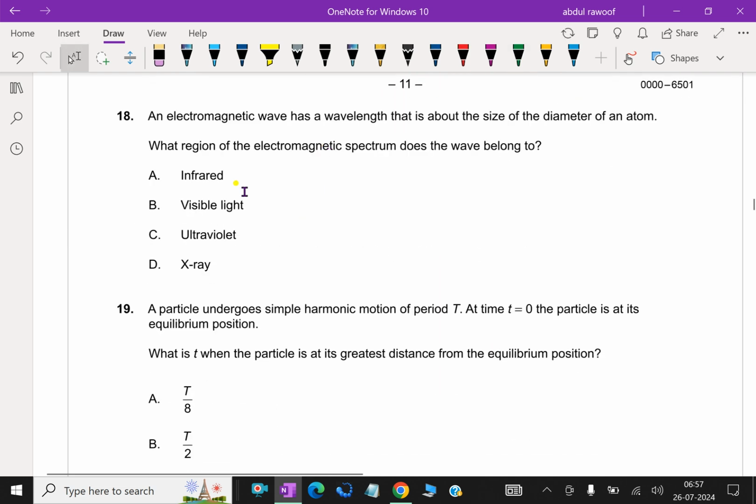Question number 18. An electromagnetic wave has a wavelength that is about the size of the diameter of an atom. What region of the electromagnetic spectrum does the wave belong to?